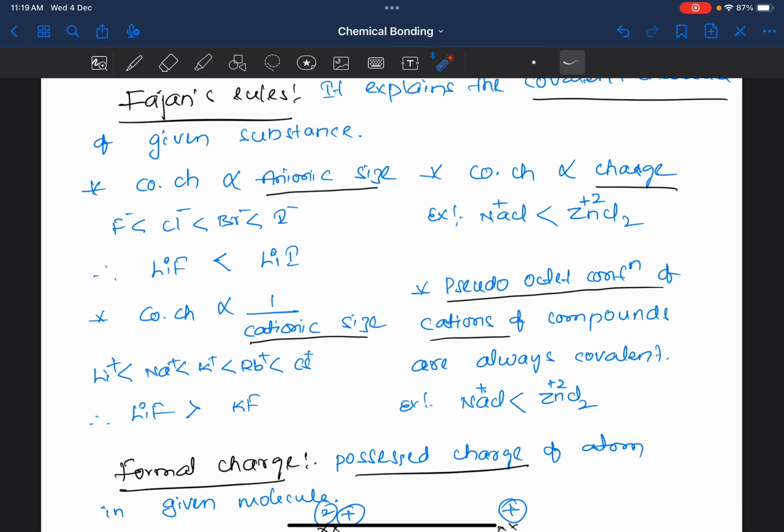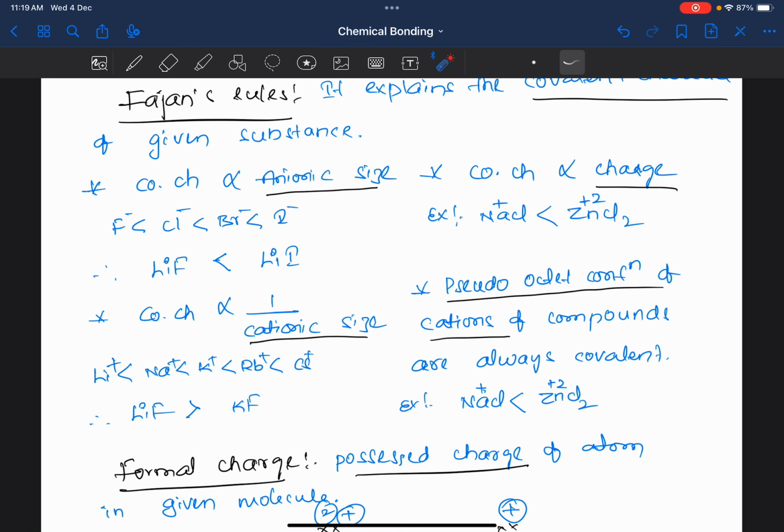And next, covalent character is inversely related to cationic size. Now see that in the first group of cations, from lithium ion to cesium ion, ionic size increases. On increasing cationic size, covalent character decreases.